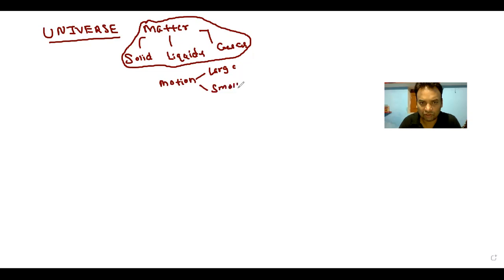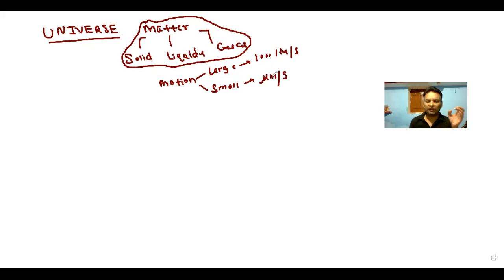Motion may be large or small. It might be possible that objects are traveling a distance of thousands of kilometers in a second, and that some objects are traveling only a few micrometers of distance in a second.